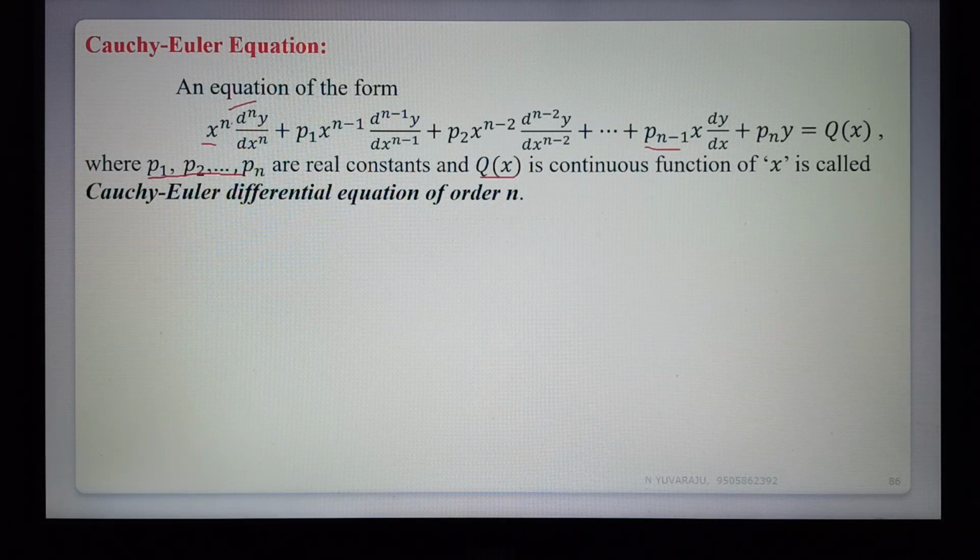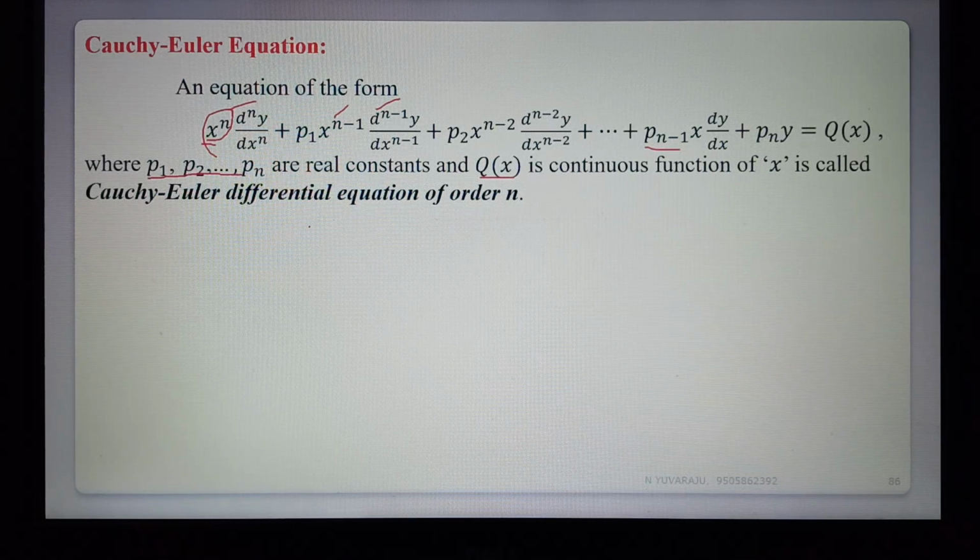This is the nth order, this is x^n, and d^(n-1) goes with x^(n-1). The order and the x power must be equal. This type of equation is called a Cauchy-Euler equation, and this one is an nth order Cauchy-Euler differential equation.